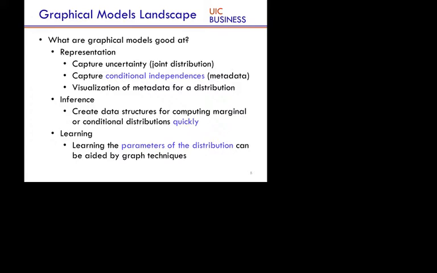To compute the expectation, you need to do a summation over x times probability of x, or an integration of x times probability of x. So it's a function of your joint distribution. Similarly, there are other functions like conditional distributions, marginals, and so on. We'll learn how to compute them efficiently, and we'll get to why a naive computation is very inefficient once you get to even 10 random variables.